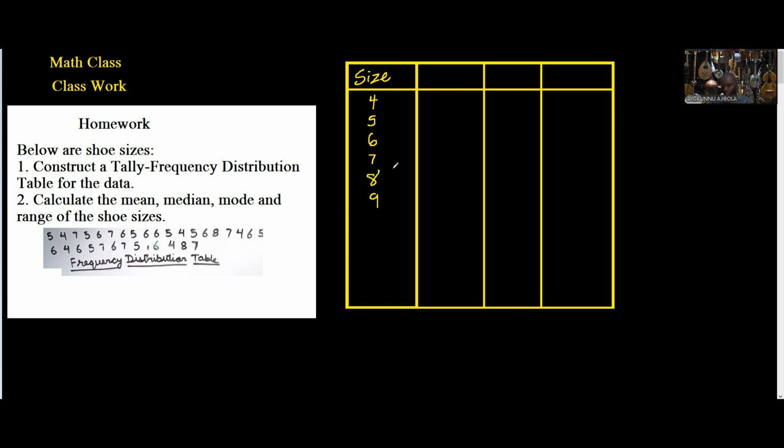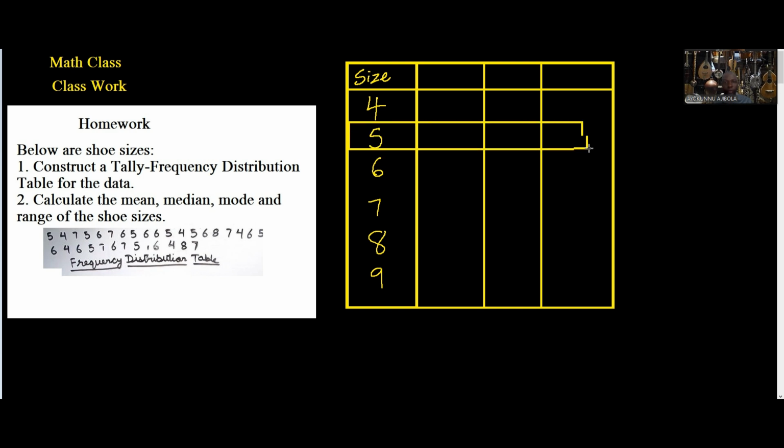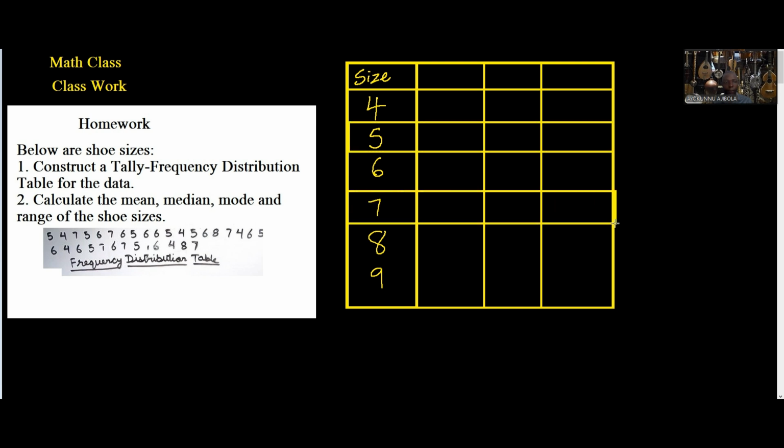So 4 is there, there is 5, there is also 6, then there is 7, there is 8, and there is 9. With this, I can separate each of these cells this way, so it can make a lot of sense.